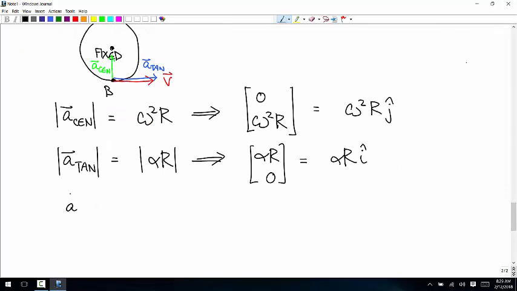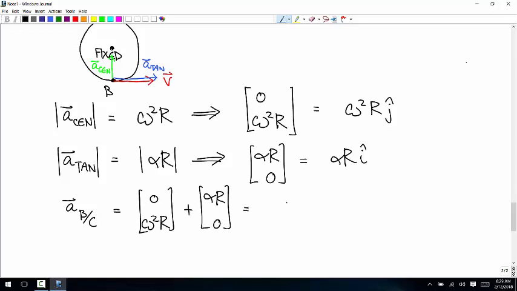So the total acceleration of B relative to the center is, add those two together, you get this plus this equals alpha r, omega squared r.